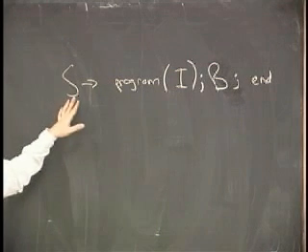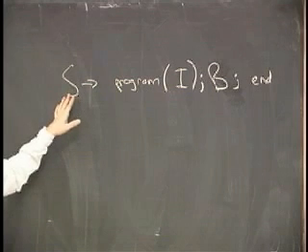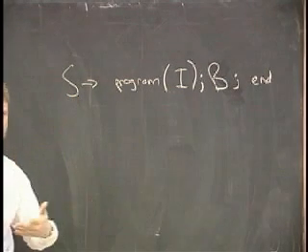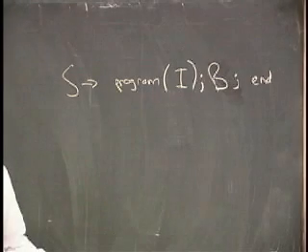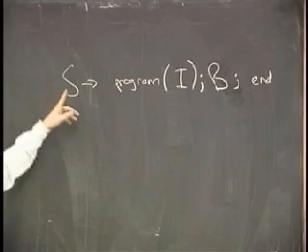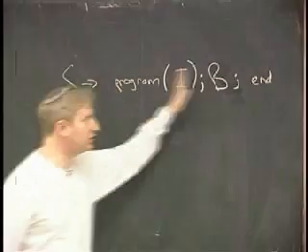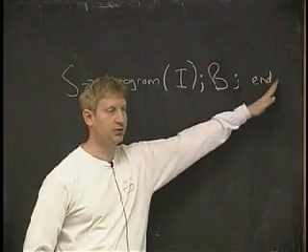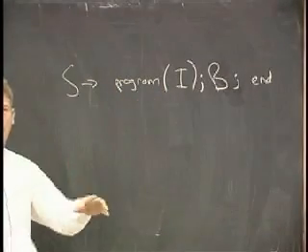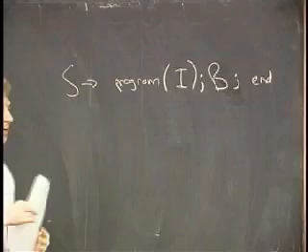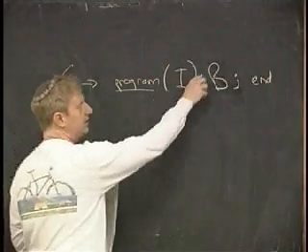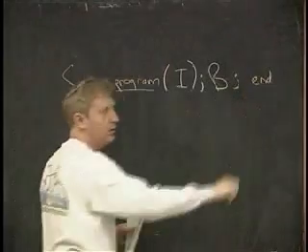This is the start symbol of the grammar. This means that if you want to generate strings or potential sequences of characters that abide by my grammar's rules, you have to start with this capital S, and then you can produce this sequence of symbols. The ones in small letters are ones that will end up in the string when I'm all done. Program will be there. The open paren will be there, the closed paren will be there, the semicolon, the word end will be there.